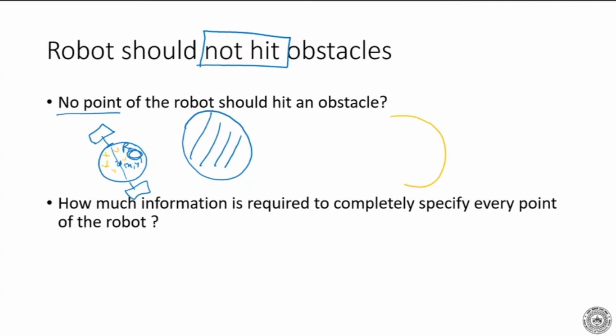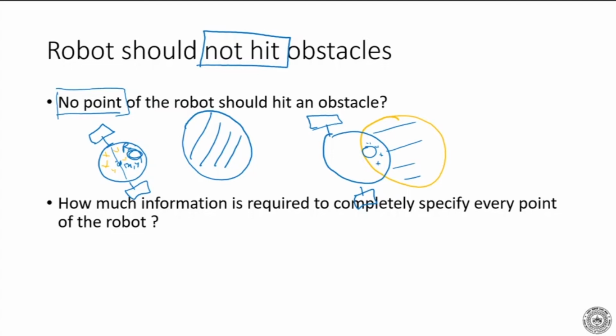No point of the robot should encroach upon the obstacle and go inside the obstacle boundary. Geometrically, this is the meaning of not hitting the obstacle.